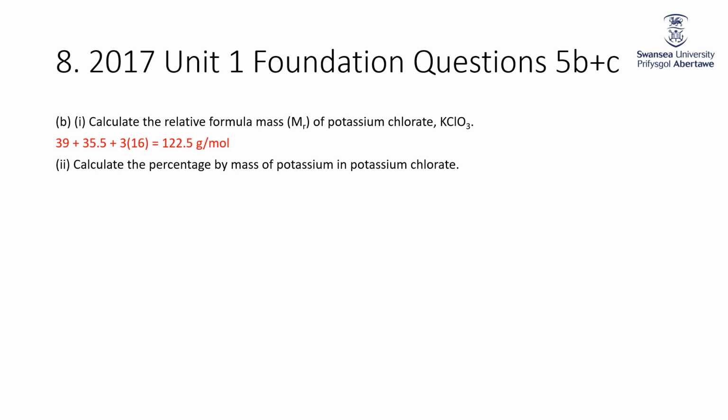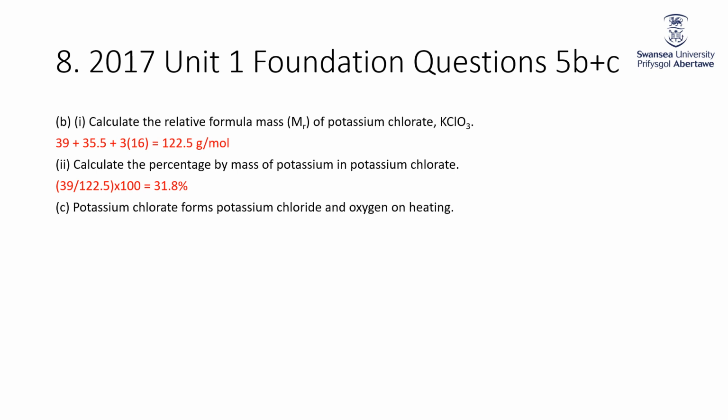And then calculate the percentage by mass of potassium in potassium chlorate. So we would take the 39, divide it by 122.5, and times it all by 100 to give 31.8%. Then potassium chlorate forms potassium chloride and oxygen on heating. And we're asked to balance a similar equation that represents the reaction taking place.